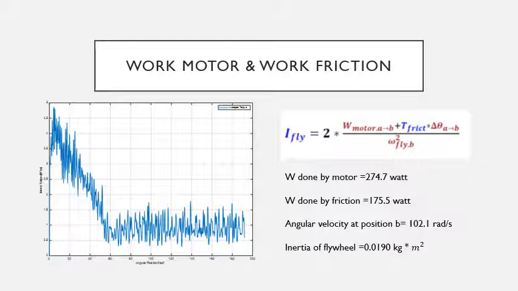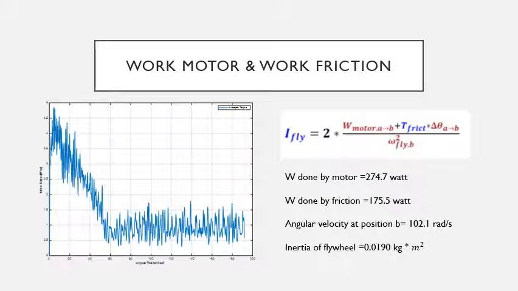To acquire the inertia of the flywheel, the experiment was continued without the engine head. The left plot shows the torque versus angular position of the motor. From the previous experiment, we have concluded that the constant part of the data represents the work done by friction. Constant torque was calculated from the average value, which was 0.9035 Newton-meter.